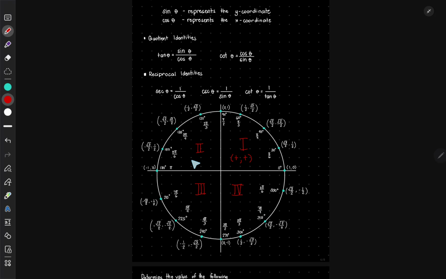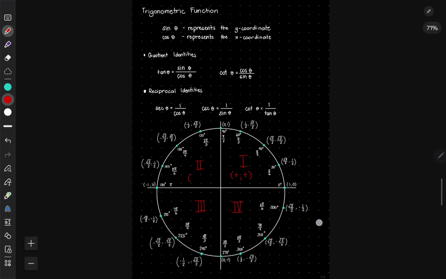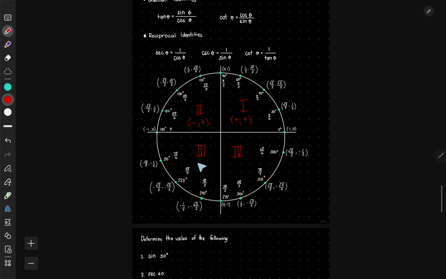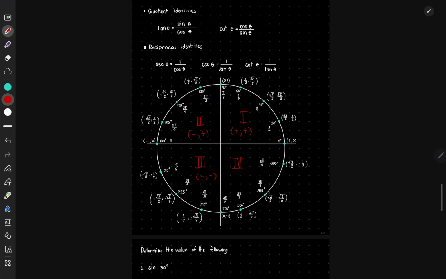While dun sa second quadrant, yung x-coordinate natin is a negative value, while yung y-coordinate natin is a positive value. And yung third, both x and y are negative. While dito sa fourth, yung x-coordinate natin is positive, while yung y-coordinate natin is negative. So, yan yung mga sign values natin.